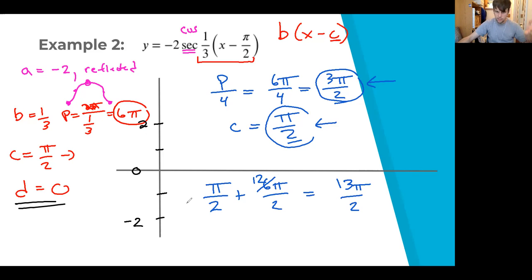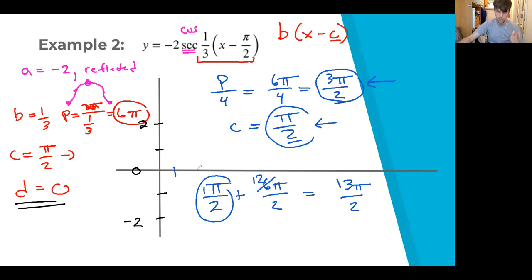Okay, so digesting this, I'm starting here at pi over 2, and I'm ending at 13 pi over 2. So I need to have 13 increments on my x-axis to the right. I've got to count 13 spaces.